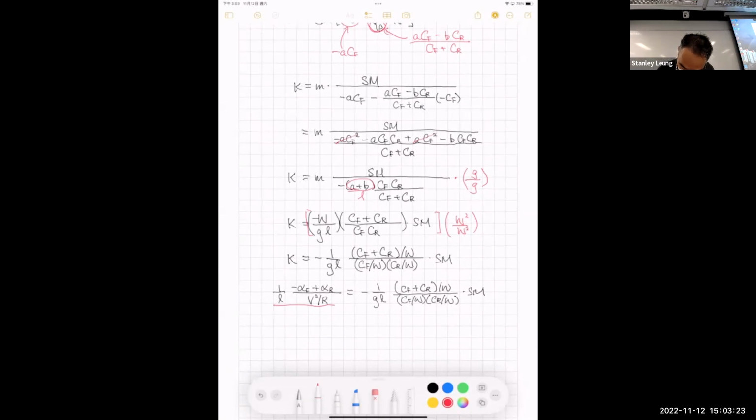So now we can relate. If you rearrange the terms, then you have minus del F plus half, equals minus CF plus CR over W, and you have the V square over R term versus your G term.